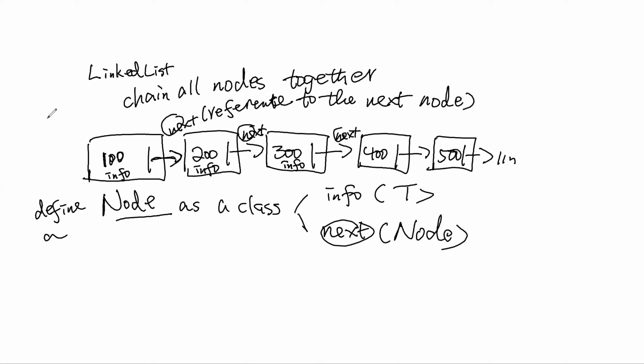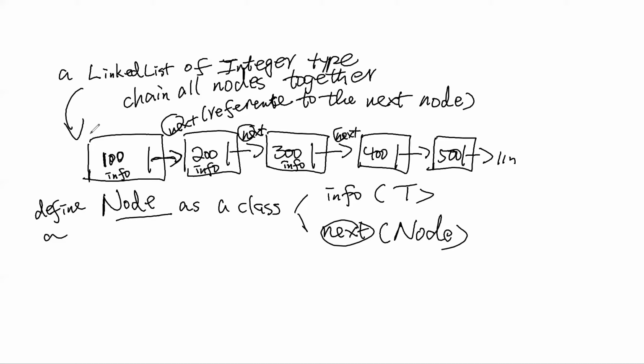Basically, this is called a linked list. This is a linked list of integer type. Okay, so we know this linked list, but then the question is, how do I identify this linked list?